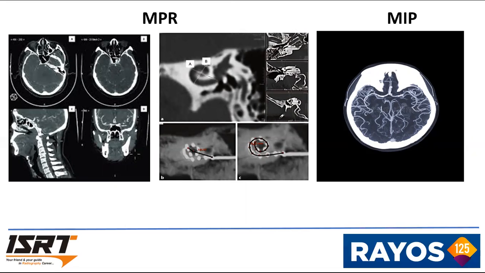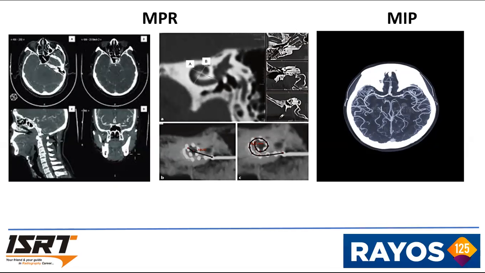Another very important imaging technique is the reconstruction technique called maximum intensity projection. It is nothing but from the pixel values you select the pixels with the maximum intensity. You also know that either bone or contrast has the maximum intensity in the brain.